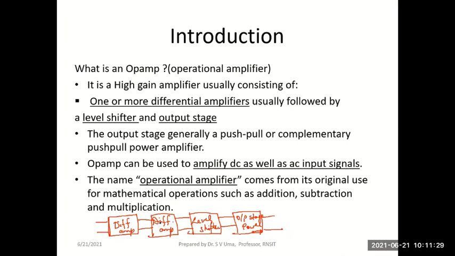So what are the 4 different building blocks of an op-amp? We have 2 stages of differential amplifiers. Usually, the first stage is a balanced output differential amplifier. The second one is an unbalanced output differential amplifier.